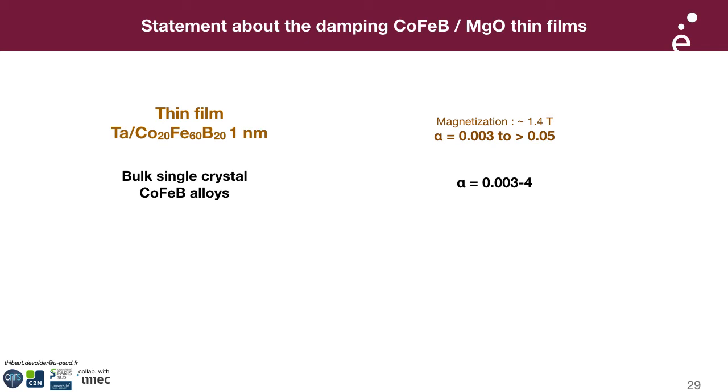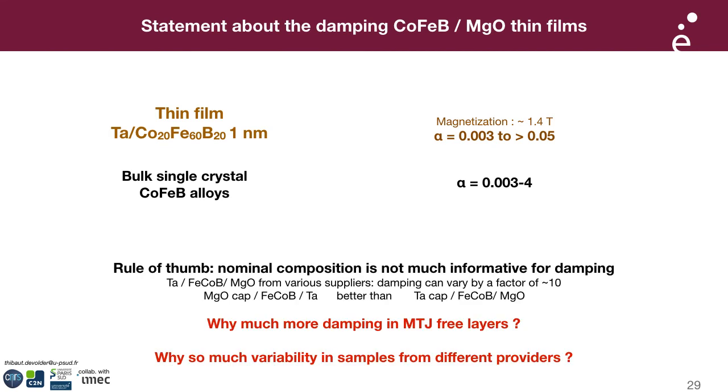As for the numbers for the damping of iron-cobalt alloys, if you have very good single crystals in the bulk state, then it will be a few times 10 to the minus 3. But in practice, in thin films, you can have this value up to very large numbers. So as a rule of thumb, the nominal composition is not very informative of the damping.